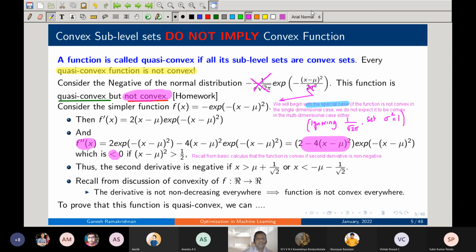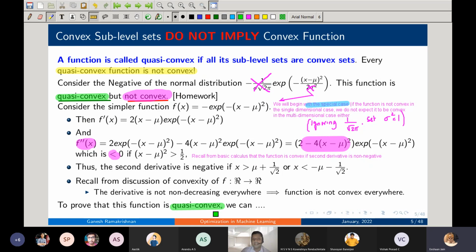But now we want to prove the second part, that it is quasi-convex. Has anyone made any effort on that? Sir, I had a parallel question here. Yeah, please. So here we show that the function is not convex everywhere, but it is quasi-convex. But I even thought log x is not convex anywhere, and still that's quasi-convex.